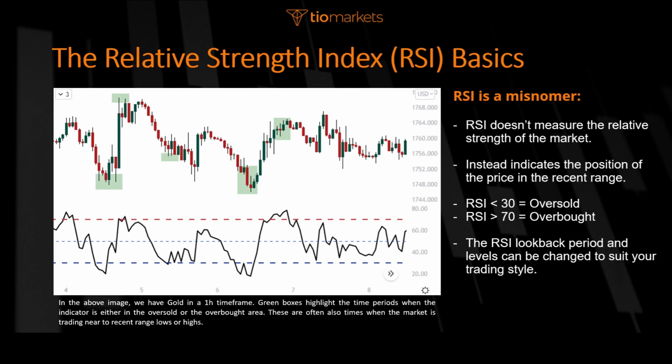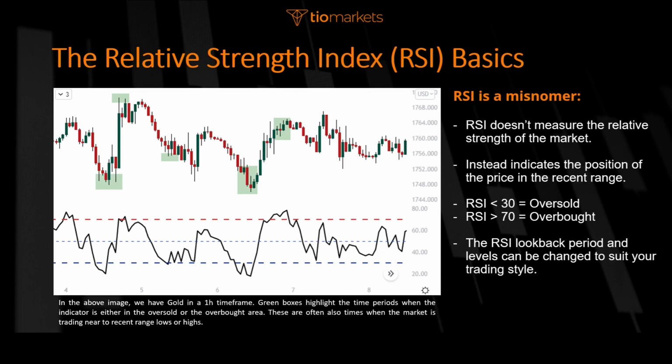It has more relative strength than the one that is moving up at a slower pace. That's what a relative strength analysis is about, and you usually do that with stocks in stock markets. But here we're talking about an oscillator that really isn't measuring any relative strength at all. It's actually just pointing to where the market is likely to be in a recent range.